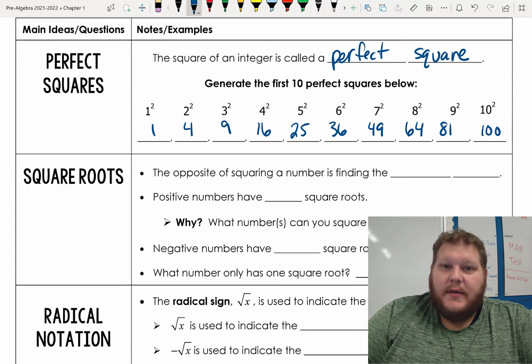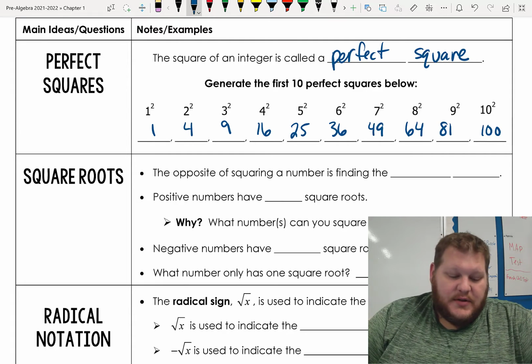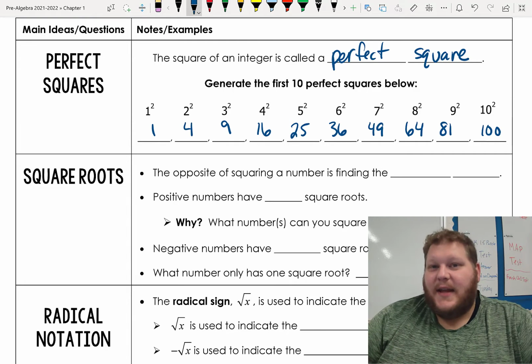So that's my first 10 integers squared, just multiplied by themselves. That bottom row is the list of the first 10 perfect squares, meaning there's a whole number that can multiply itself and give me that solution.